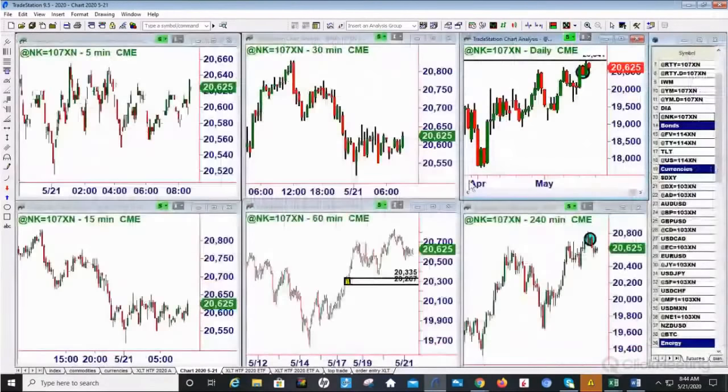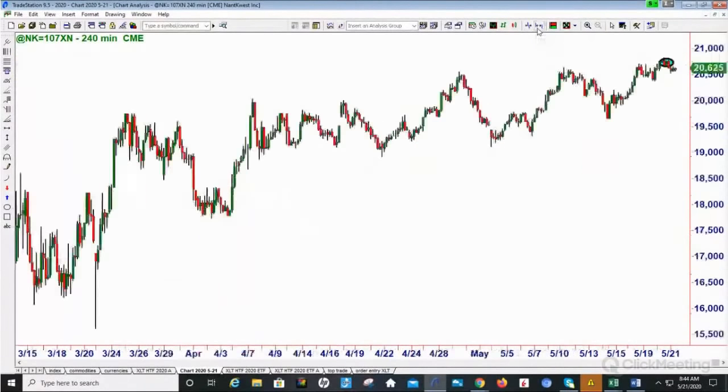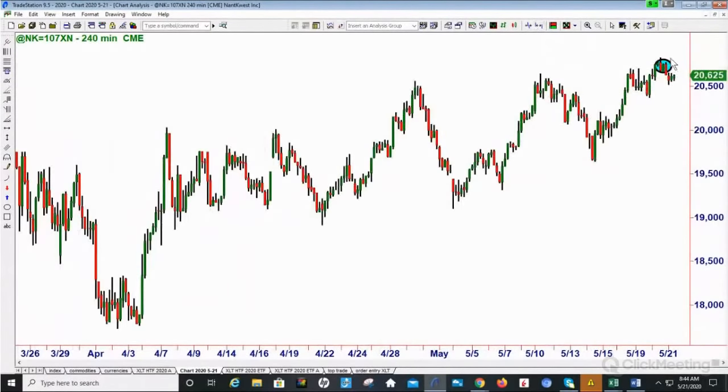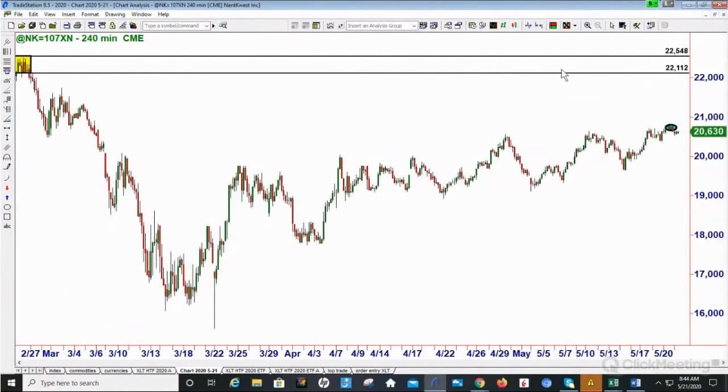You can see on the 240 also forming this little area here. So a little bit of a fight going on in this nice uptrend move, but then we're hitting up into that daily. And then, of course, there's also a fresh level up at the 22,112 and 22,548.